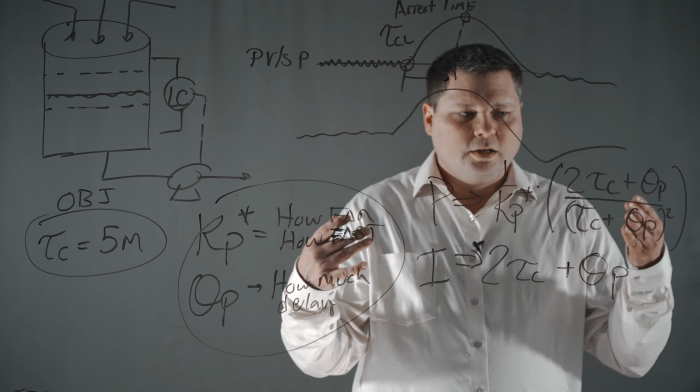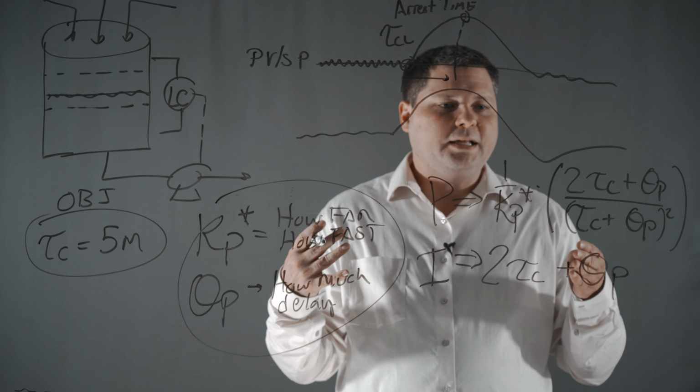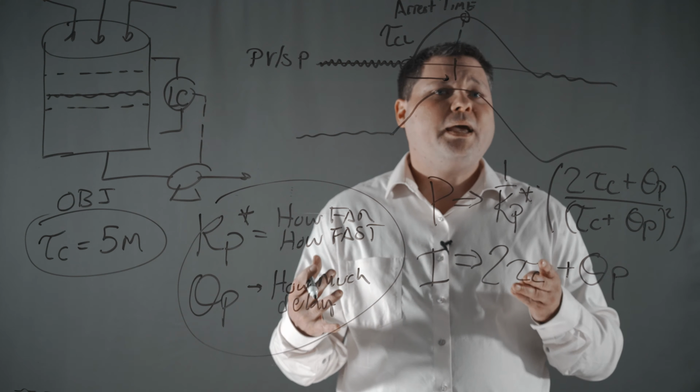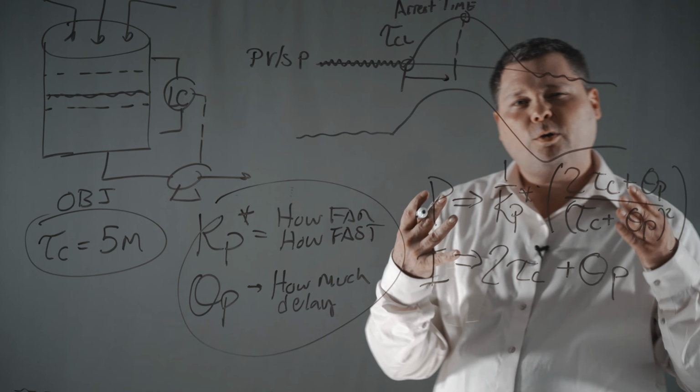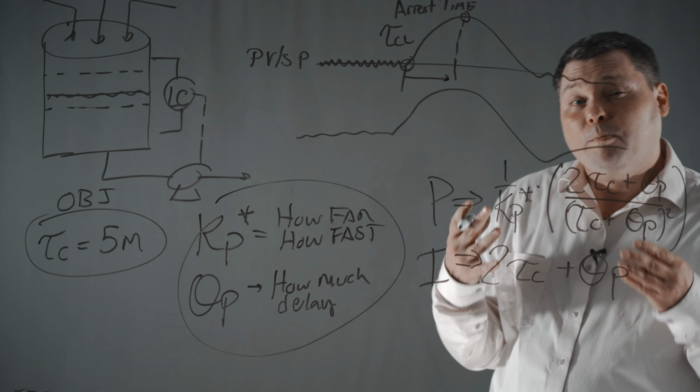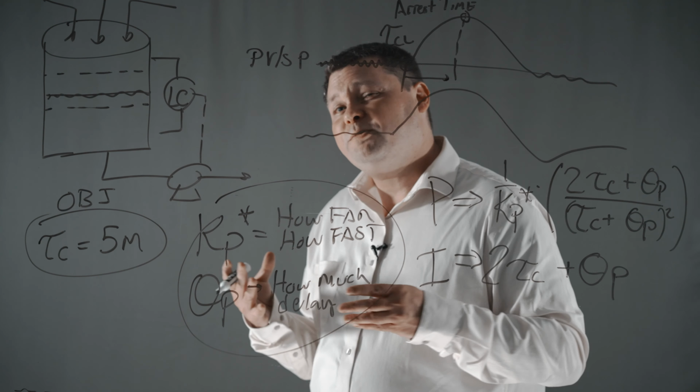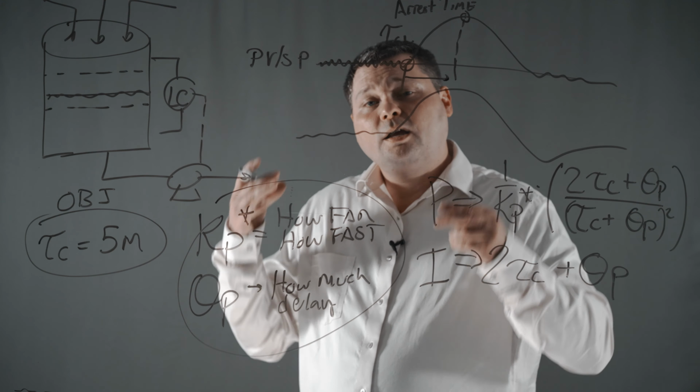Now, you're looking at these saying, Bob, that's pretty complicated. How can we make this easier, right? And if you have large dead times, these are the equations you want to use, right? But remember how I told you earlier, dead times for level controllers really aren't that big.